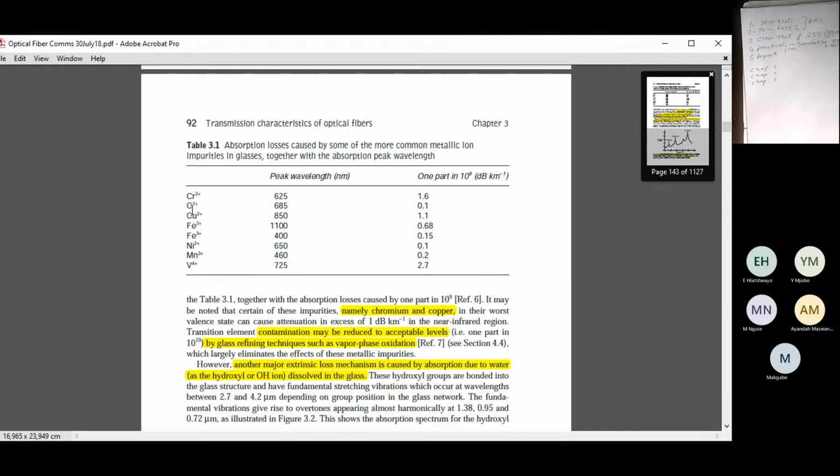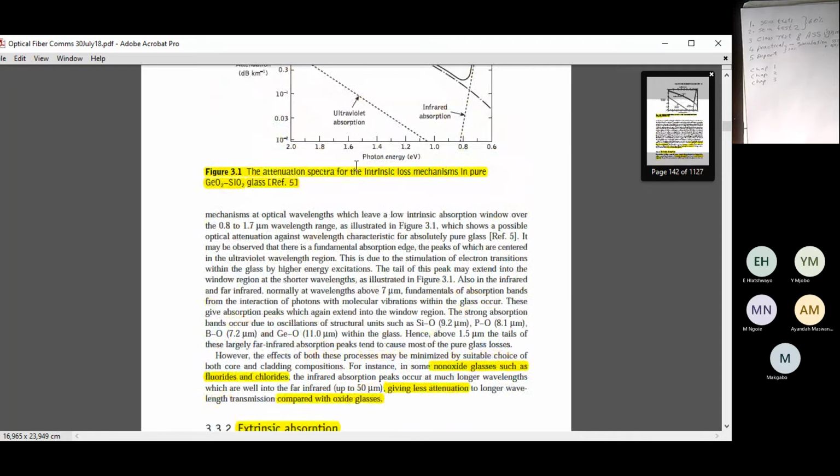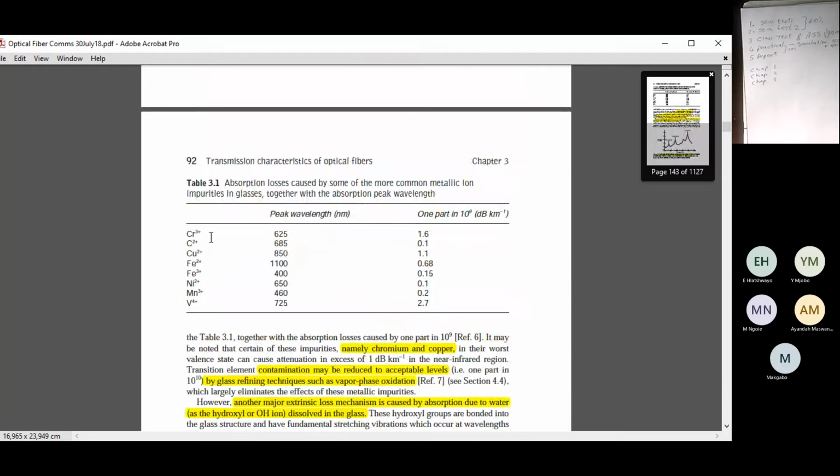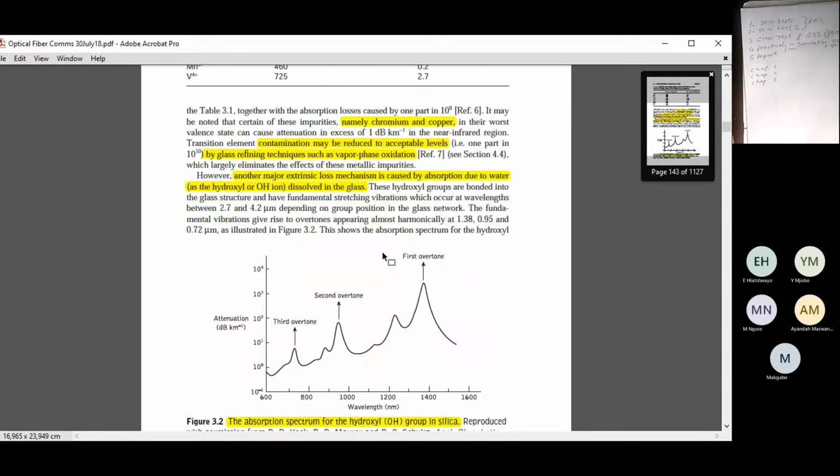It's these metals. You must remember that it's always metals. They are usually like chromium and copper, okay? That's the difference between intrinsic and extrinsic. Extrinsics are metals, and intrinsic is oxides. You have seen oxides like fluorides and chlorides. Okay, they are mixed with the gases, and that's how they get in. But the metals get in because there's metal in the sand, and there's actually metal everywhere.